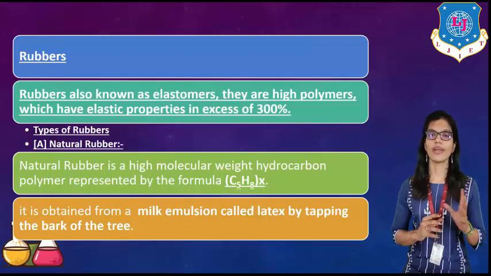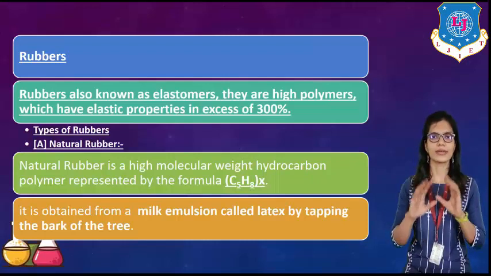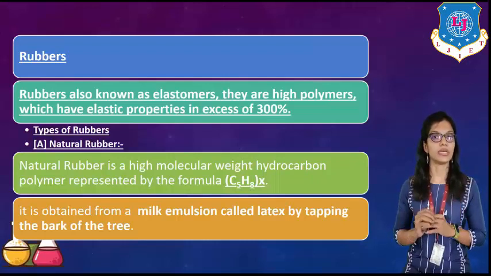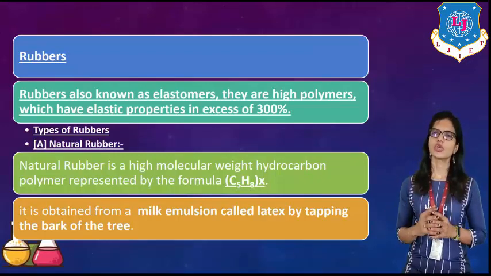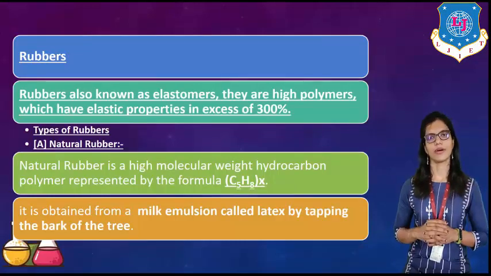Here we will take a look at natural rubber. Natural rubber is a high molecular weight hydrocarbon polymer represented by the formula (C5H8)x, that means x number of monomers combine together to form a long chain, which is known as rubber.